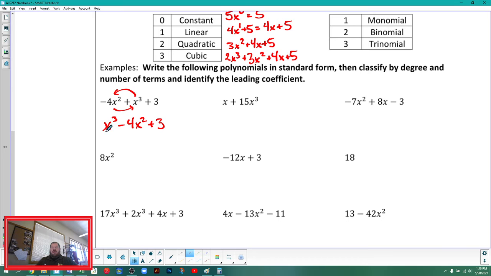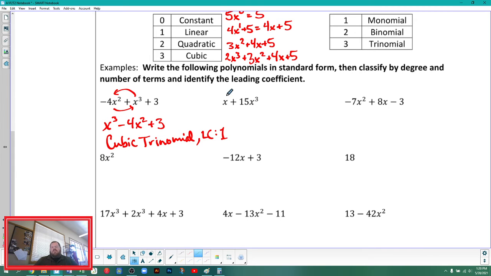And that right there has 3 terms. So we're going to call it a trinomial, and degree-wise, it has a highest exponent of 3. So it's a cubic trinomial, and we want to identify the leading coefficient. I'm just going to say LC for leading coefficient is 1.